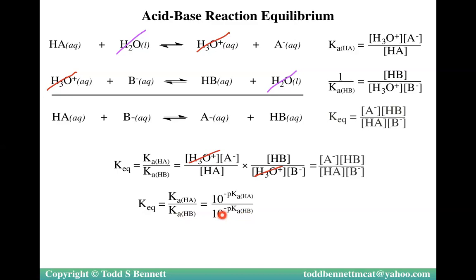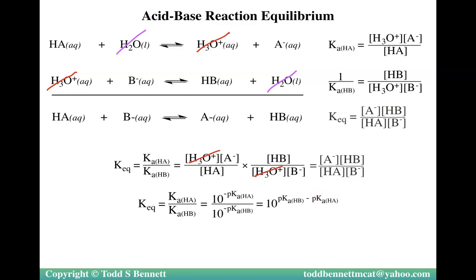Because it's in the denominator, if I brought it up, just like 1 over 10 to the minus fourth, it would actually be 10 to the fourth. The negative sign goes away when I bring it up. So it's going to be this, and that's negative. This will be positive. When you multiply numbers, you add their exponents. So a positive pKa of HB minus the pKa of HA.